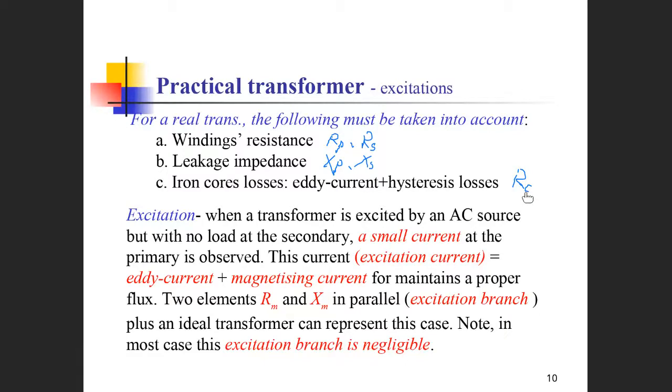When it is drawn in the equivalent circuit, we say mutual core resistance and mutual core reactance, so we use M here, for mutual. But you should know the relationship depending on which side we refer to.